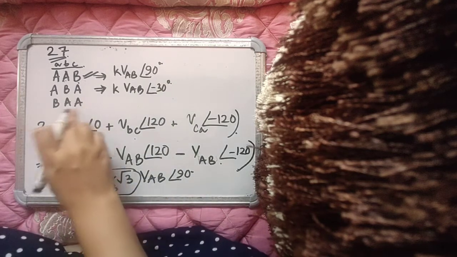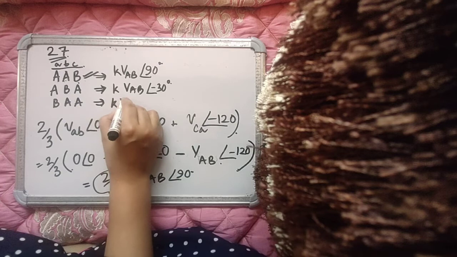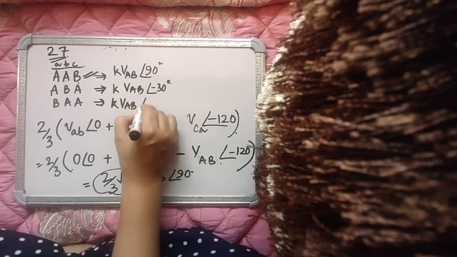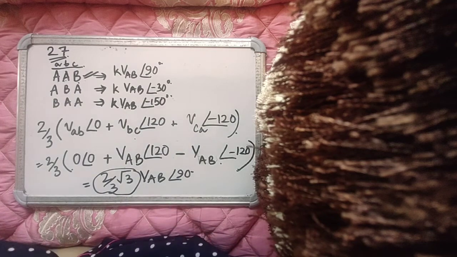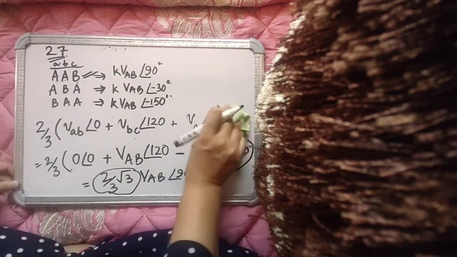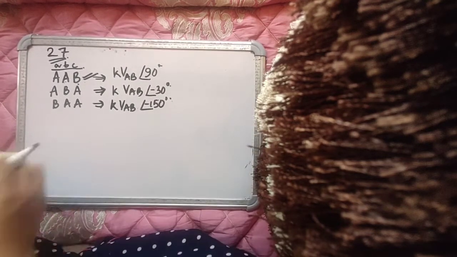And if I find it for this third state, it is again K times VAB at an angle of minus 150 degrees. You can do it yourself and find the space vectors. So we are currently doing it only for 3 switching states.